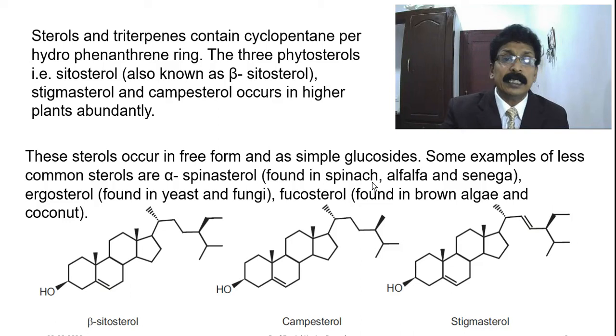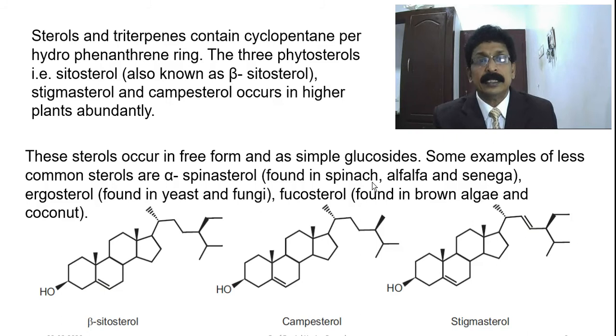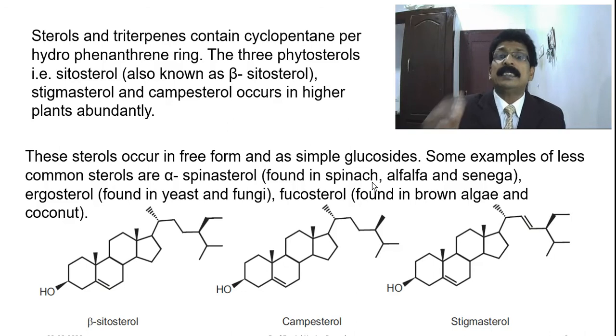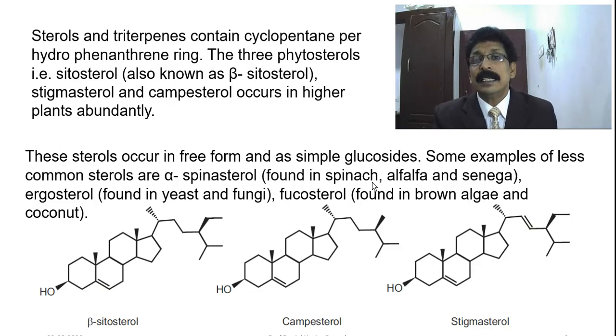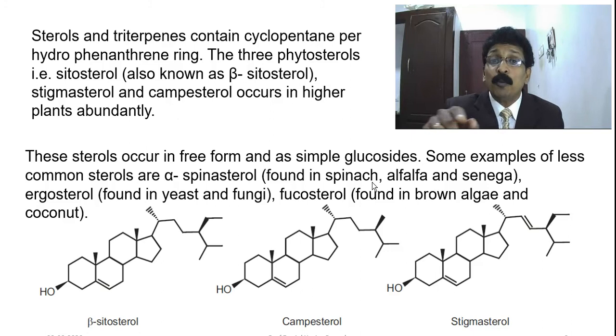So see the structure: beta sitosterol is the basic cholesterol structure, only in the 24th position you have one CH2 and a CH3, and when you see campesterol, one CH3 is removed from the 24 position.